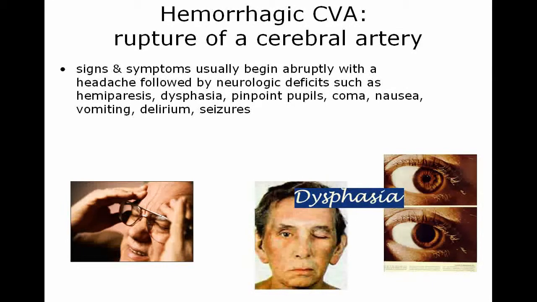Like with hemiparesis, the person may have dysphagia, again, just difficulty forming words or speaking, changing pupils. It may be so severe that they go into an immediate coma. Not so common, but can happen. They may just experience nausea and vomiting after severe headache, delirium, seizures. Again, there's a number of different signs and symptoms depending on the area of the brain that is damaged by the ruptured cerebral artery.